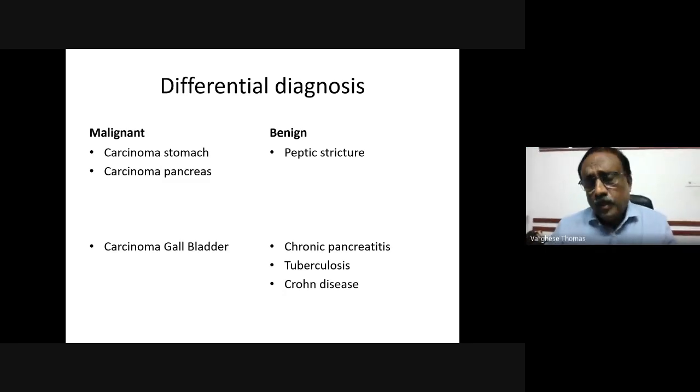Usually on the lesser curvature, we have end arteries, and due to ischemia, due to various causes, stress or whatever, the lesser curvature is maximally affected. The stomach is highly vascular with a lot of network connections all around, so it is practically impossible to produce ischemia of the stomach.